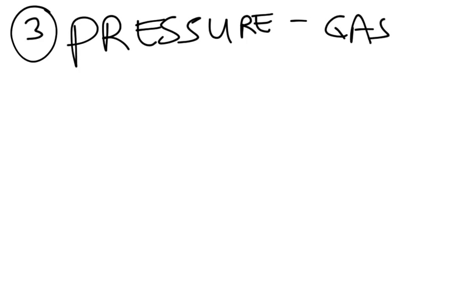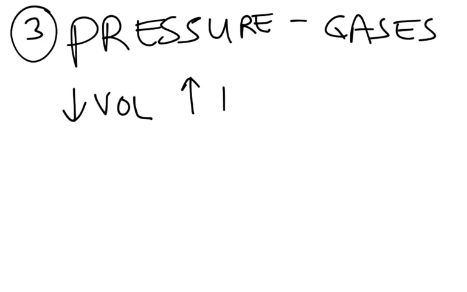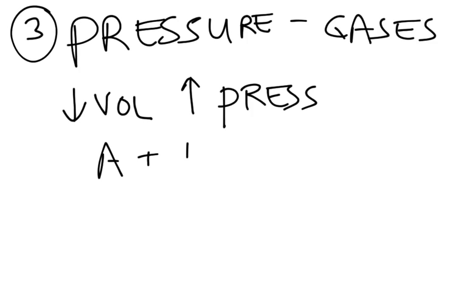Third thing that affects LeChatelier's principle is going to be pressure. And this is really only about gases. You got to remember that pressure means their molecules are colliding into each other. So we're going to keep this really, really simple. If I have dropped the volume of my tank, that means I have increased the pressure. So that's affecting everything. That's affecting my A, my B, and my AB.